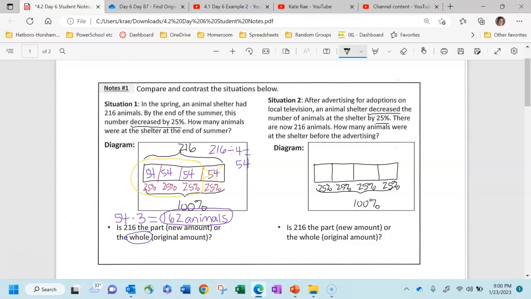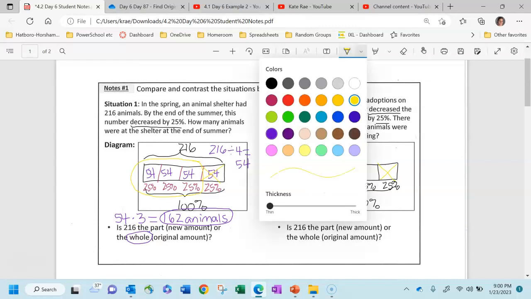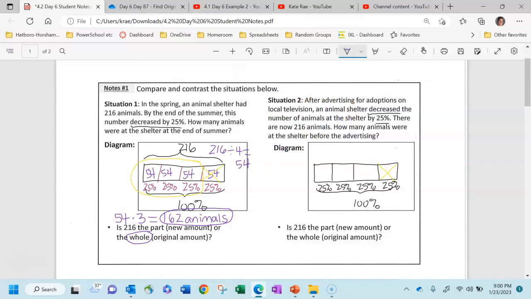The difference this time is that 216 is not our original amount or our starting amount. It is our ending amount. It's how many animals are left after we have decreased by 25%. So I'm going to cross one of these 25% off, even though I don't know what numbers go in there yet, because the 216 doesn't get represented by all the boxes. It only gets represented by 3 of the boxes this time.